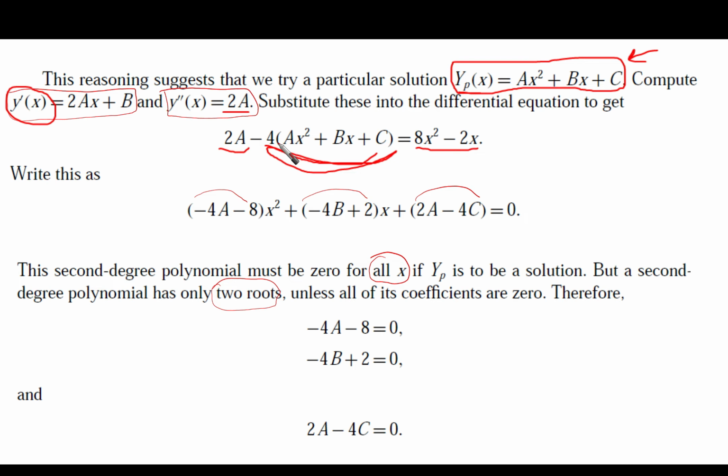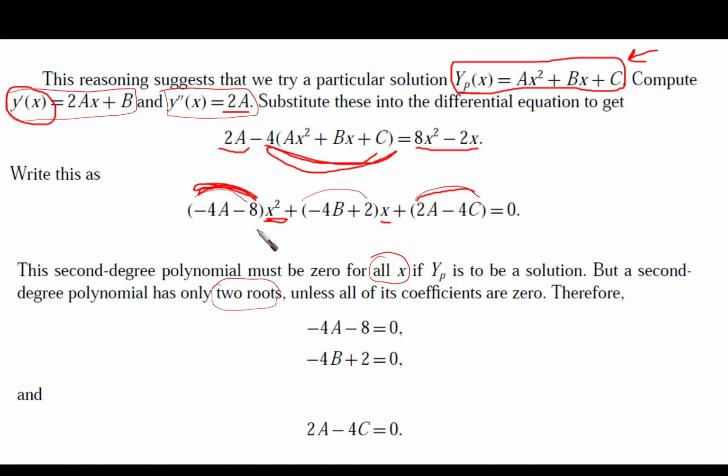Then we want to rearrange it to put it in a good form. After rearranging, we can find a coefficient, or a term, that is multiplied by x squared, another term multiplied by x, and the free term which is without x here. And this equals 0 on the right-hand side. We just rearranged everything into the left-hand side.